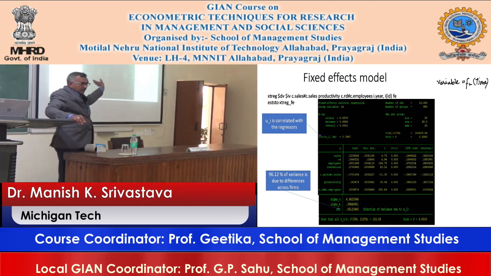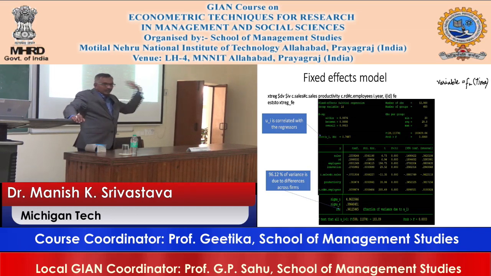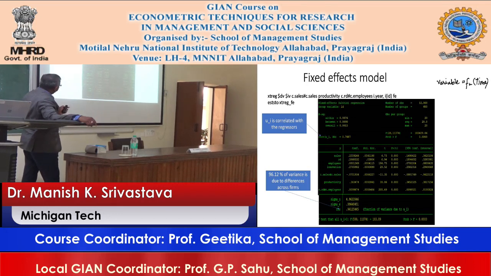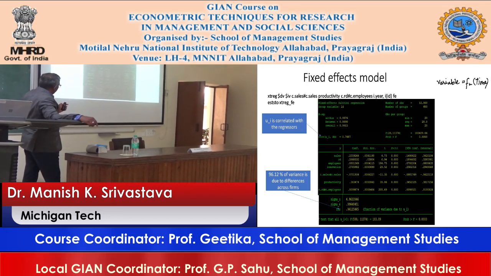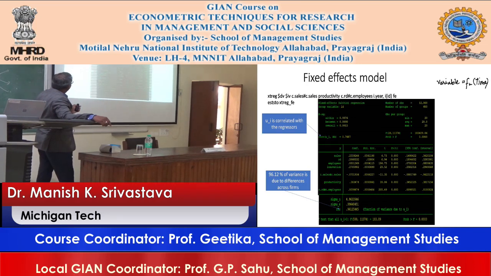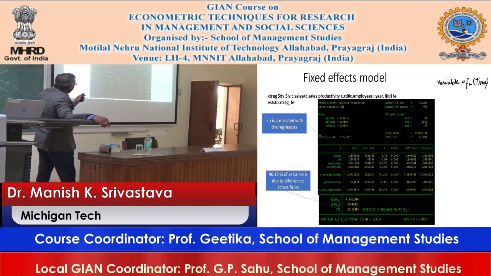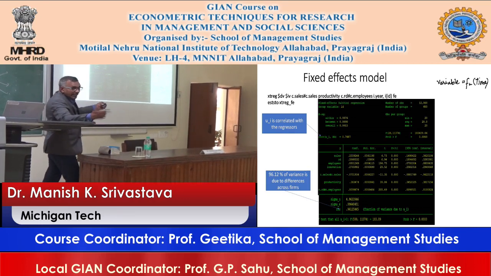You run this part, estimates store with a name. The name could be anything. For us here, we gave the name XT. Now this is this one, and then we have the other one. The only change here is to tell it, let's say, random effect model.